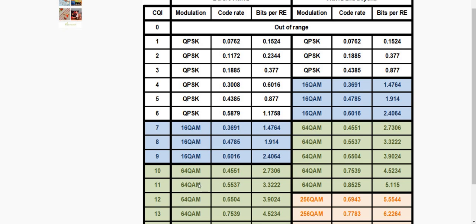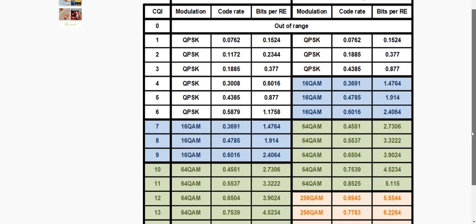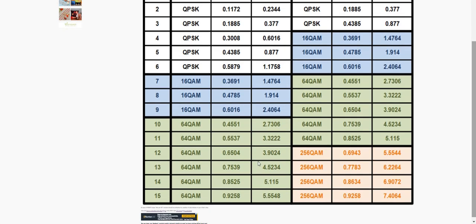So with 64 QAM 6 bits per symbol can be transmitted, but as we can see here code rate is 0.5, so half of the bits will be used as redundant bits, and half of the bits, that is 3, will be used to carry the user data. So in our case, let's say 15 CQI is reported and almost full bits can be transmitted, or you can say full bits per symbol can carry user data.